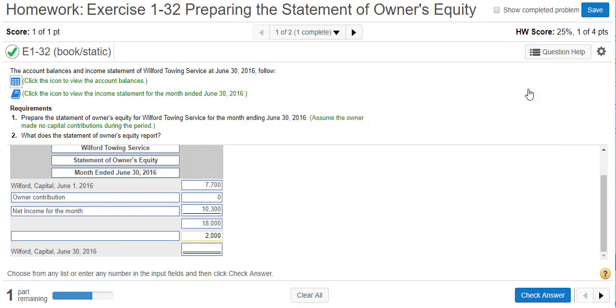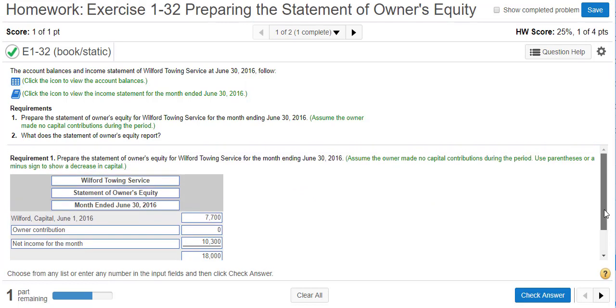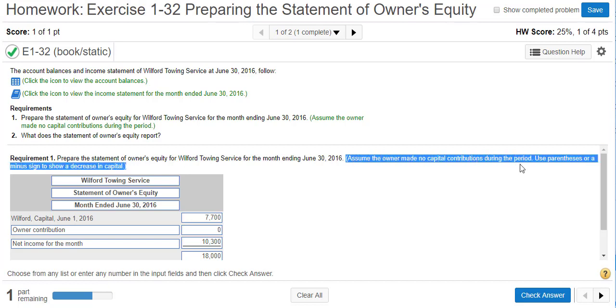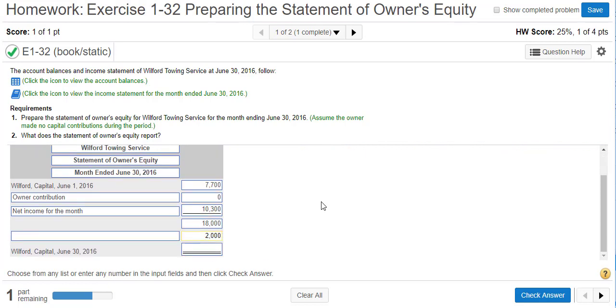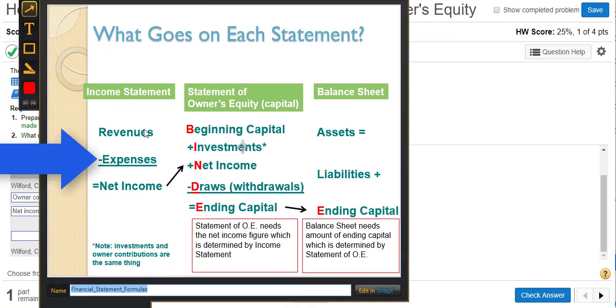So now I'm going to close this box and then scroll back up here because there's a little bit of nitpickiness going on here with my accounting lab. Remember, it says, assume the owner made no capital contributions during the period. And then it says, use parentheses or a minus sign to show a decrease in capital. Now, a lot of times my accounting lab does not make you put in a negative sign. For example, when we did our income statement, it did not force us to put a minus sign for expenses.